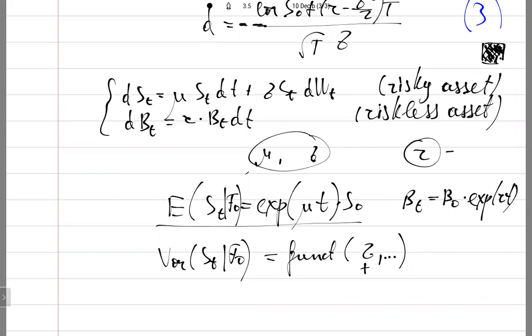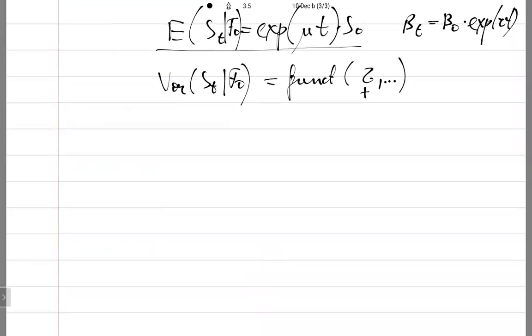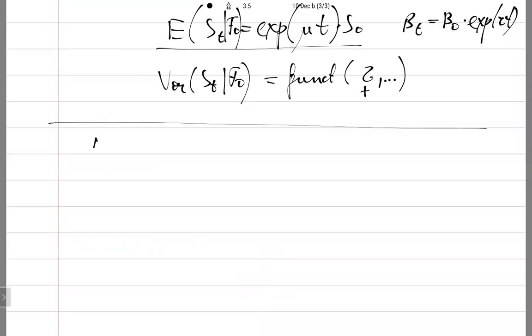Stochastic differential equation, number 8. Okay, let's see, what is it? Number 8.